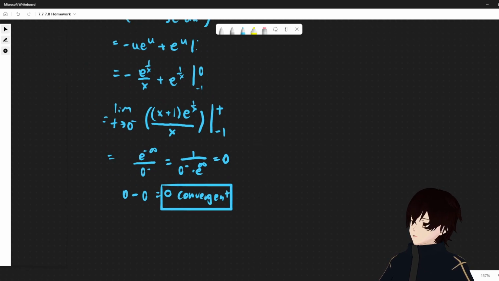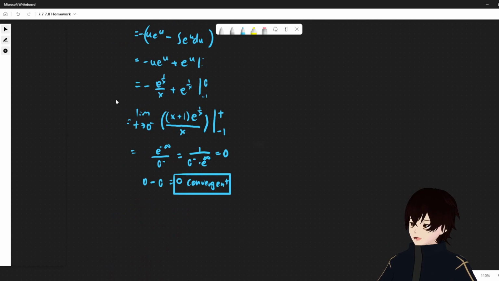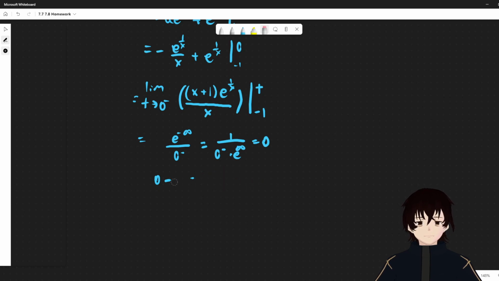Let's see. Magical textbook grants me the knowledge I seek. 39. Yeah, no, not this. So if that is 0, negative 1. We plug in negative 1.